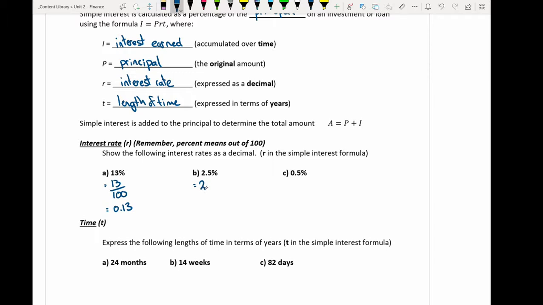Anytime you're given a percent, whatever it is, even if there's a decimal in the percent, like 2.5, still divide by 100, so 2.5 divided by 100 is 0.025, the actual decimal number. And same with 0.5%, 0.5 divided by 100. You may be able to do this in your head, which is fine. Just keep in mind that you have to do it before you plug it in.